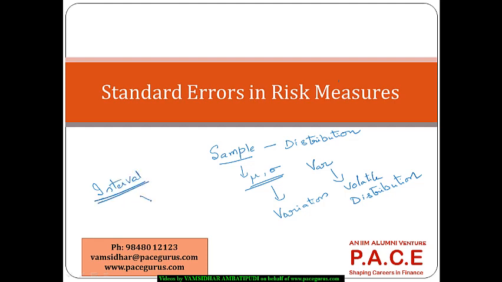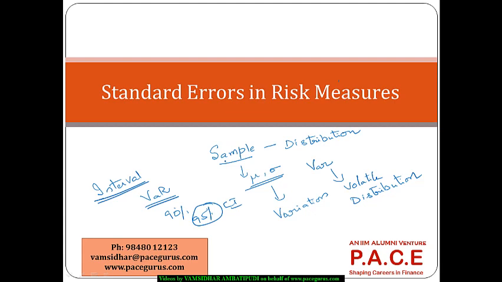So value at risk is not a fixed value. It is basically an interval. I will try to find out the 90% or 95% confidence interval associated with the value at risk, or for that matter any other measure also.